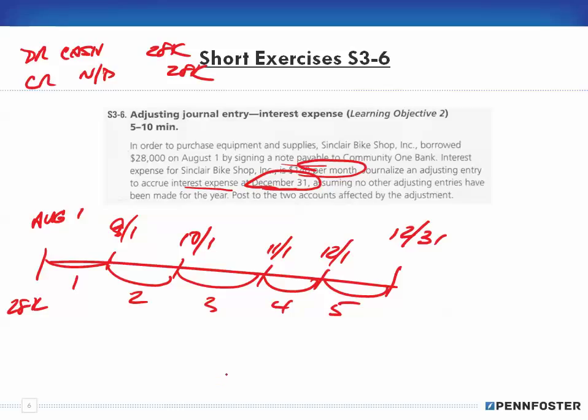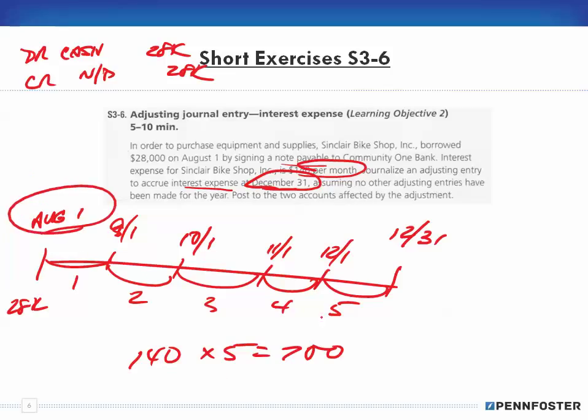So that's 5 months. Since it's $140 a month times 5 months, that gives us $700 of interest that we are accruing.